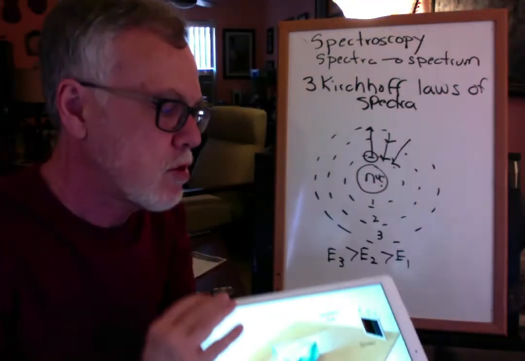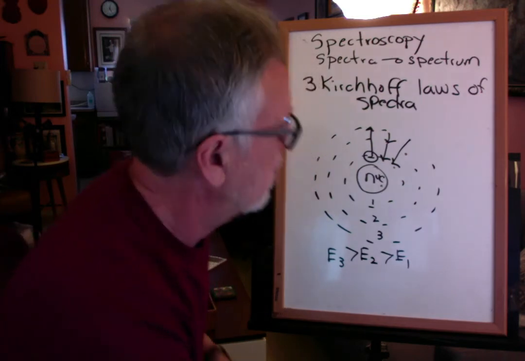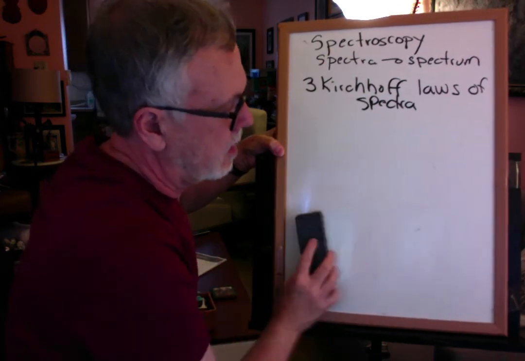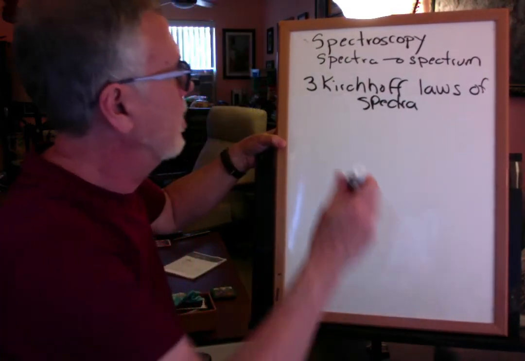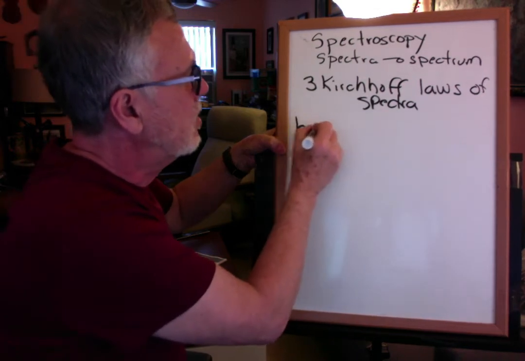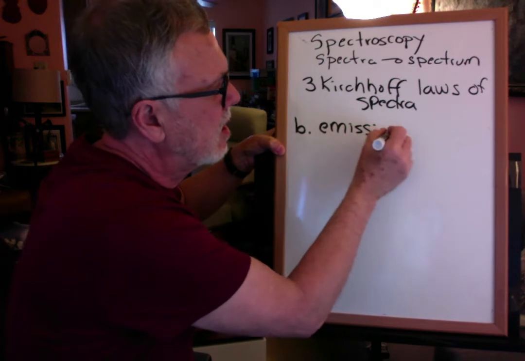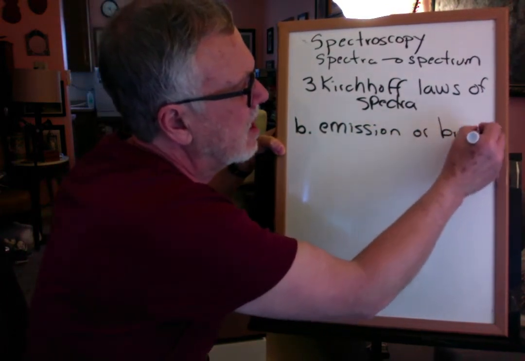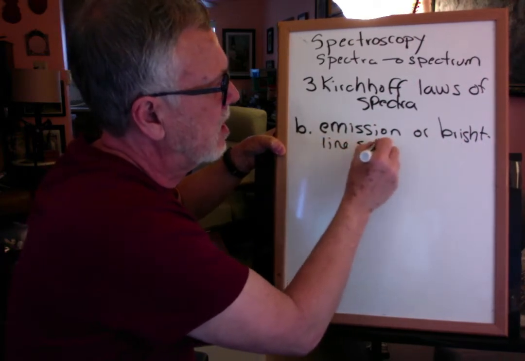So let me go through Kirchhoff's law and I'll explain it to you. This is for the second type of spectra, and this is known as the emission or bright line spectrum.